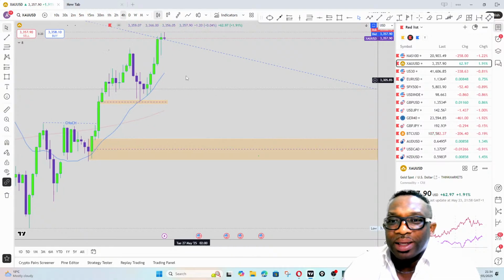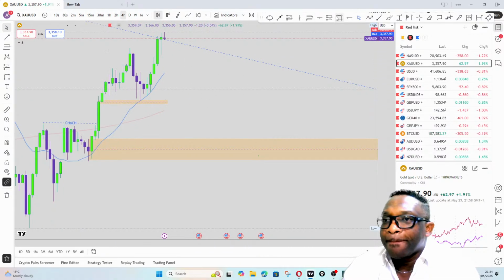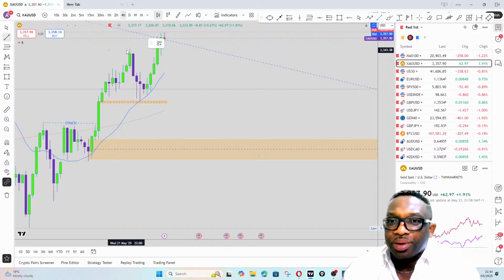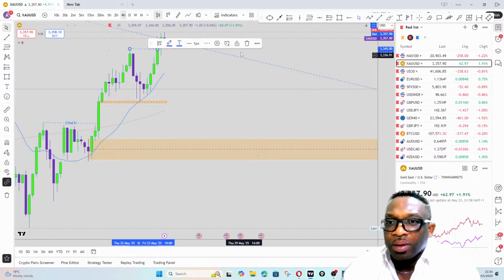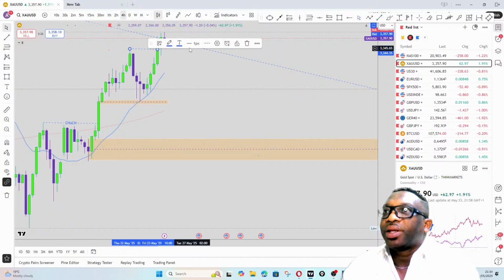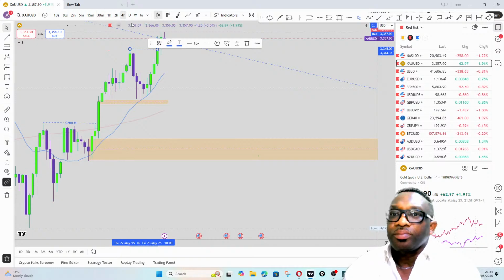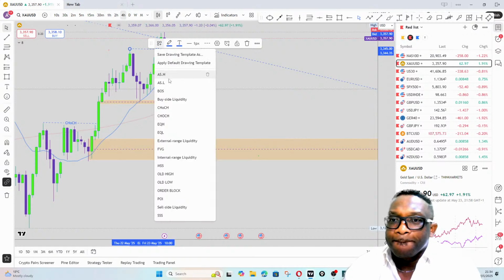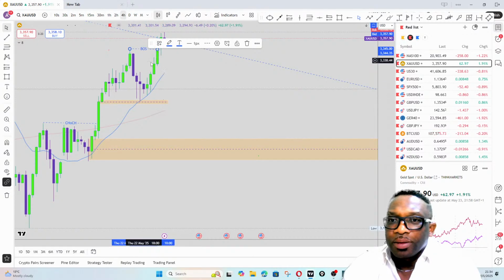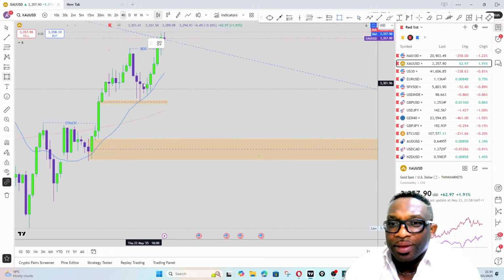So we have another break of structure here, another break of structure right here, another break of structure right here. There we go. With this break of structure, the origin on the 4-hour time frame started from here.